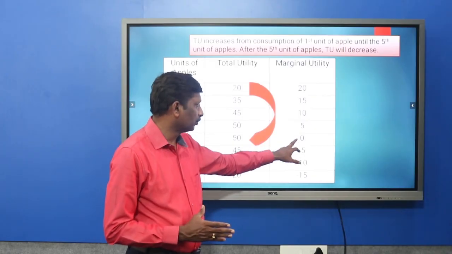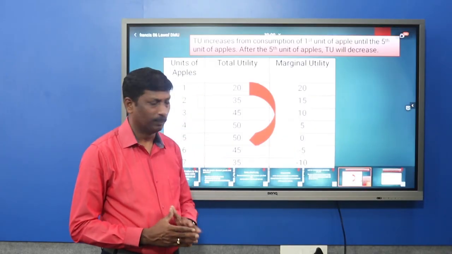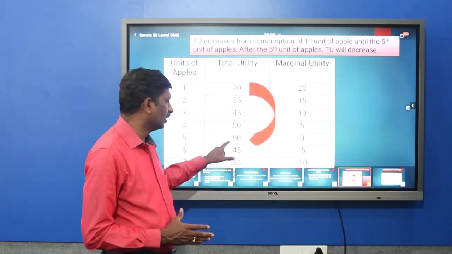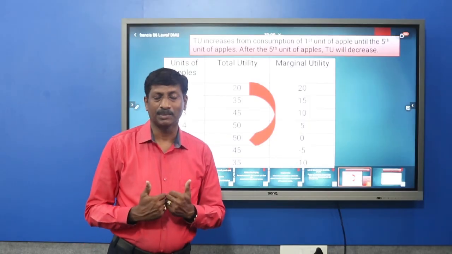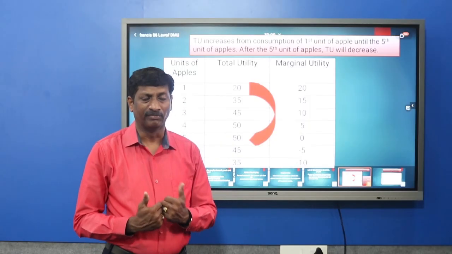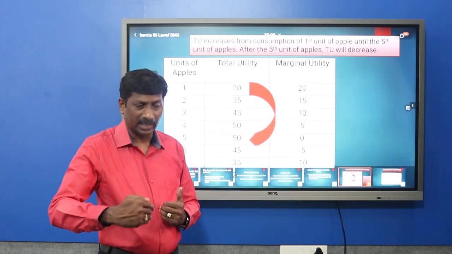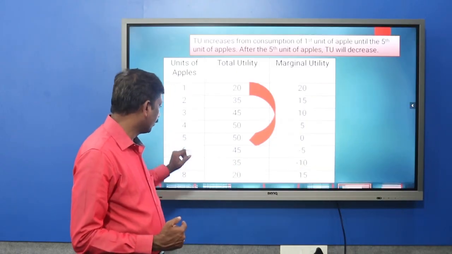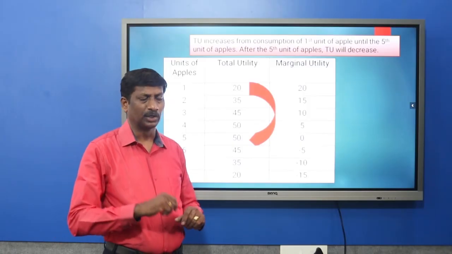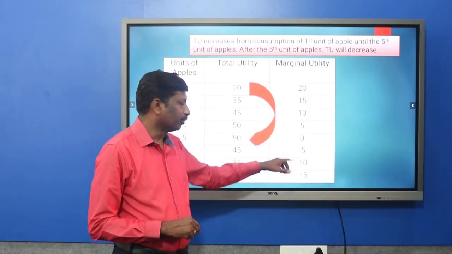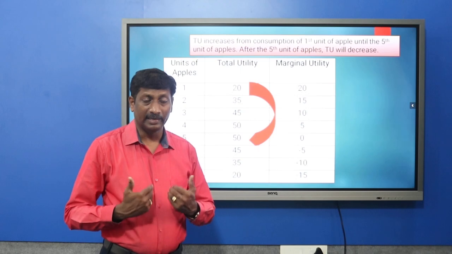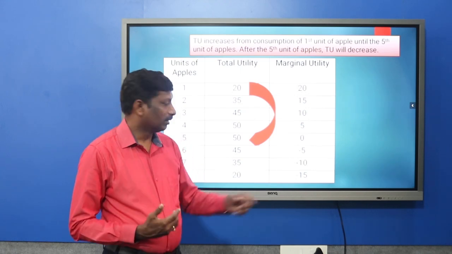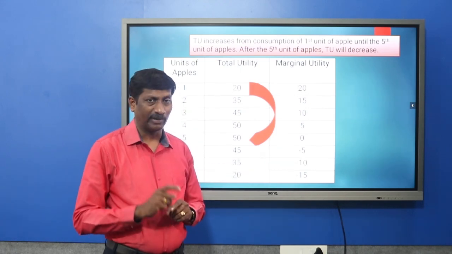When marginal utility is 0, the consumer is with possible maximum happiness, total utility 50. If he continues the consumption, that means when he consumes the 6th unit of the apple, he gets additional negative utility. MU became negative 5.